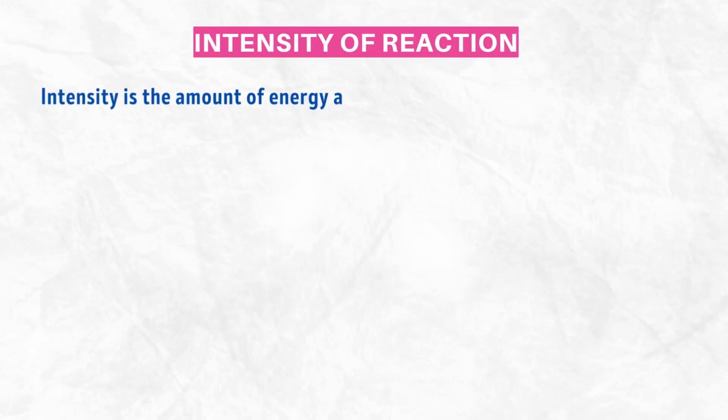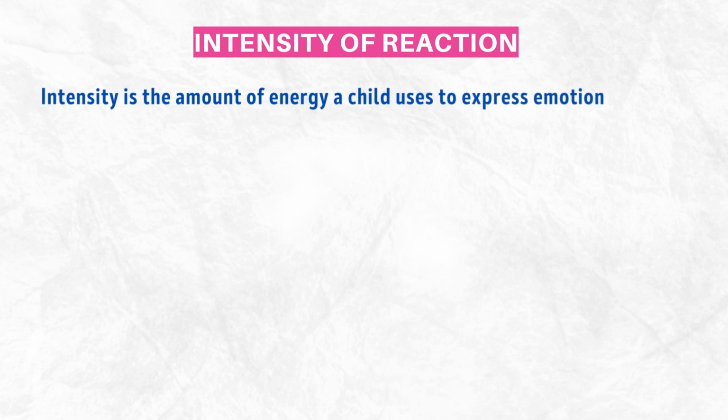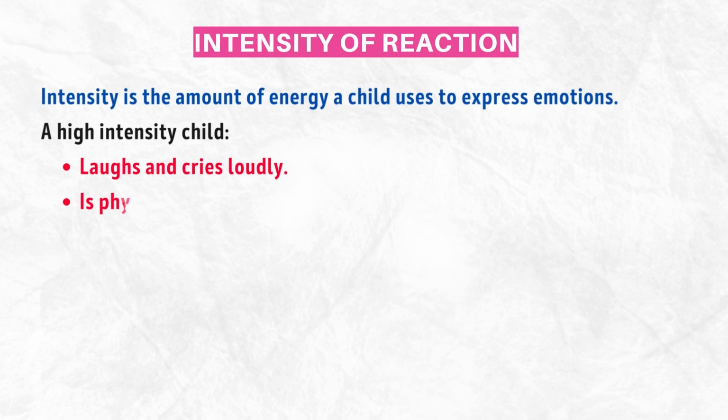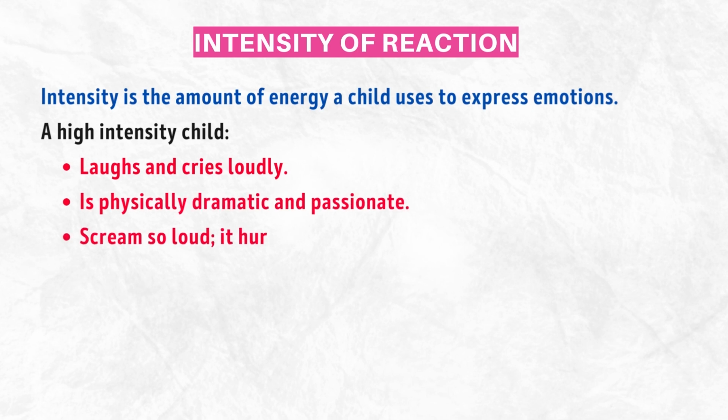If there is a small smell around in the environment, the hyperactive mental child will react to this small smell in a very loud way: "Yuck! No, I don't want." Whereas a normoactive child, if a small smell is there around, is quite comfortable in the environment. So the intensity of reaction for a hyperactive mental child is very high. They react loudly.